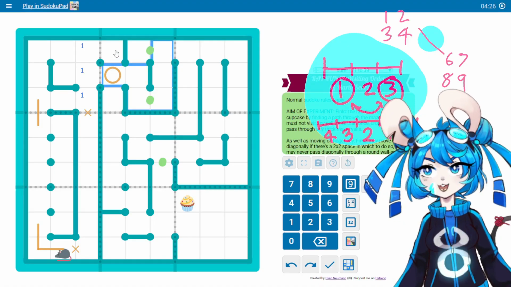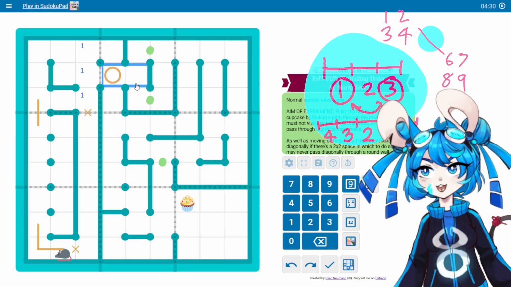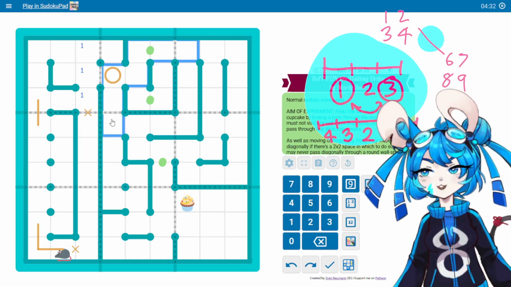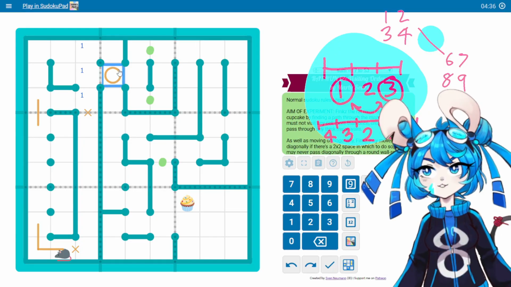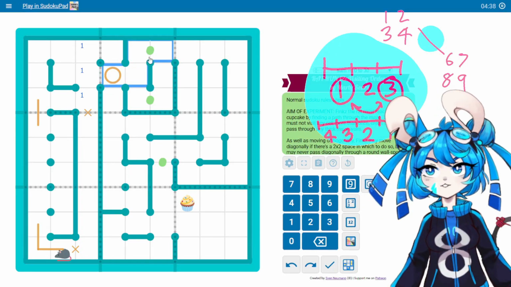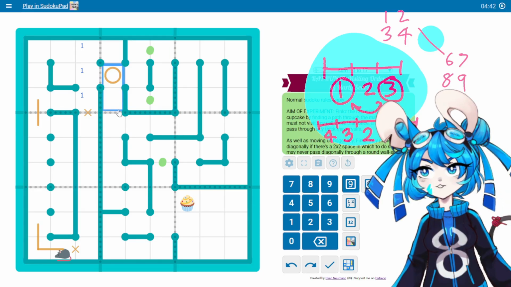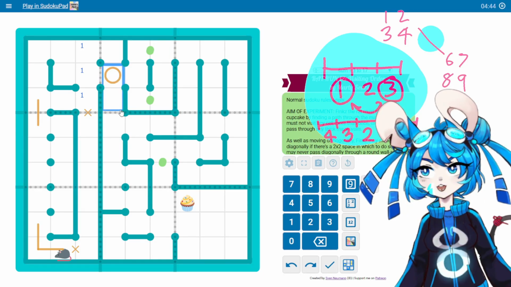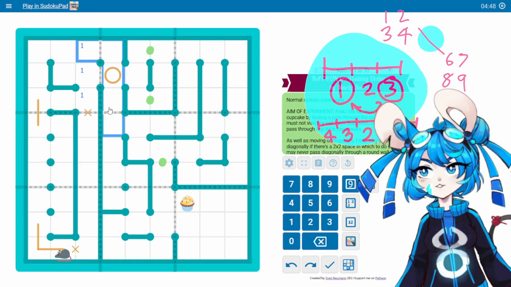So if it goes like this or like this, it can't go both down. It can't go from this entrance to this entrance because that would just block off the entire path. If it goes straight down, it would just be the digits 1, 2, and maybe 3 if it comes in from here.